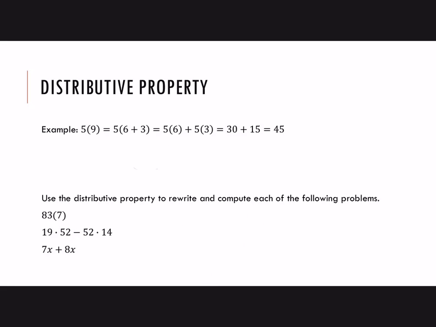Okay, and then finally, 7x plus 8x. You may remember from algebra that this is 15x. So you know the rule, combine like terms. Now this is just an easy way to remember that we are using the distributive property for an algebraic expression. So here's the in-between step that explains why we can do this.